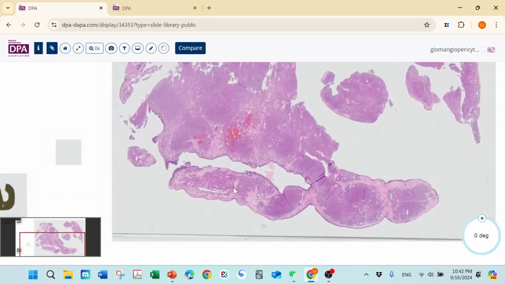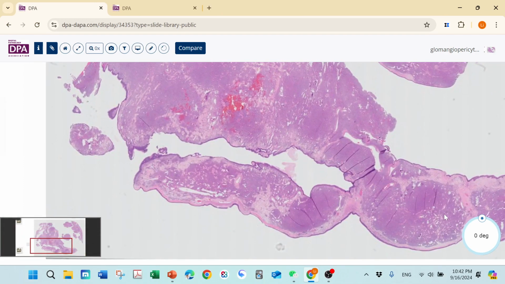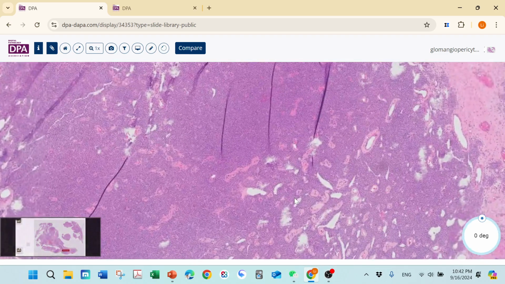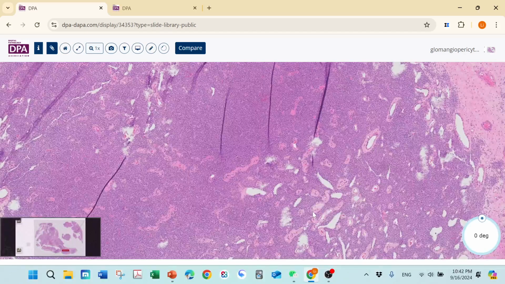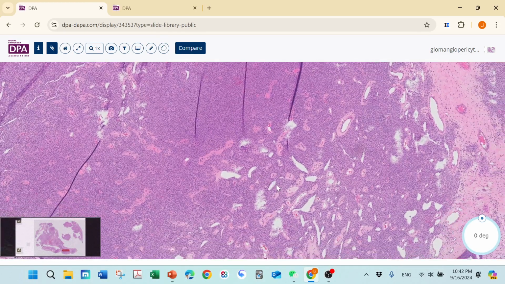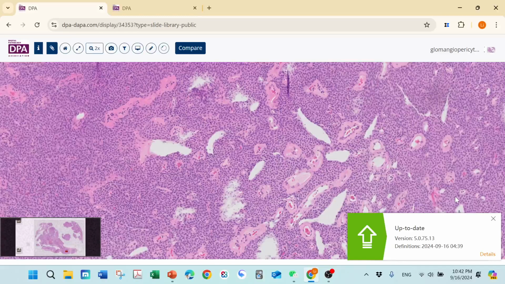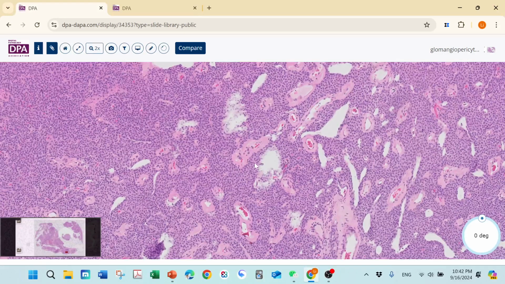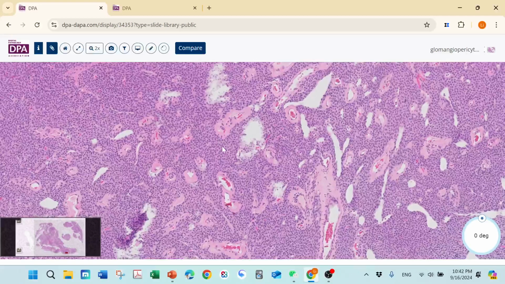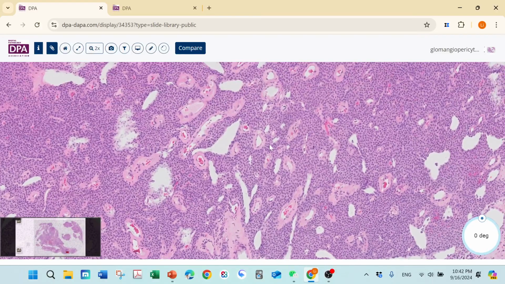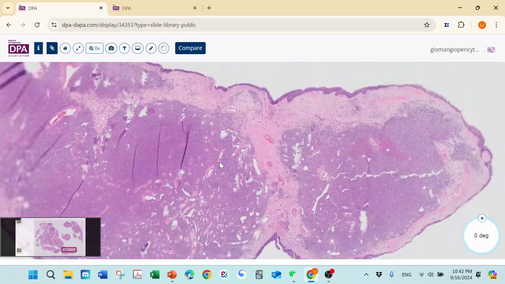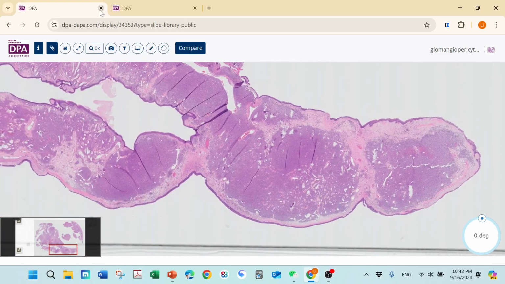Another one, even in this power, we can see tons of blood vessel, but when we zoom in, we can see kind of characteristic hyalinized vessel wall hugged by these monotonous cells. So for me, really identical to the glomus tumor. You really need the immunostaining to help you make the final diagnosis, glomangiopericytoma.